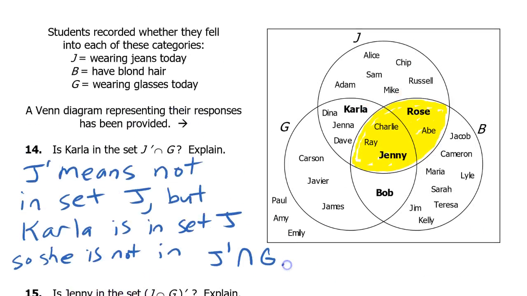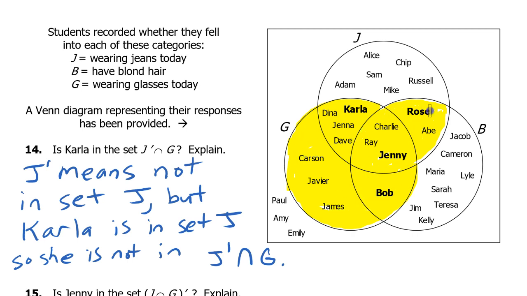So when you're doing a union, you want everything. So we want everything we just highlighted, and we want all of set G. So here comes set G, which is all of this. And so when you're doing the union, you just keep it all.